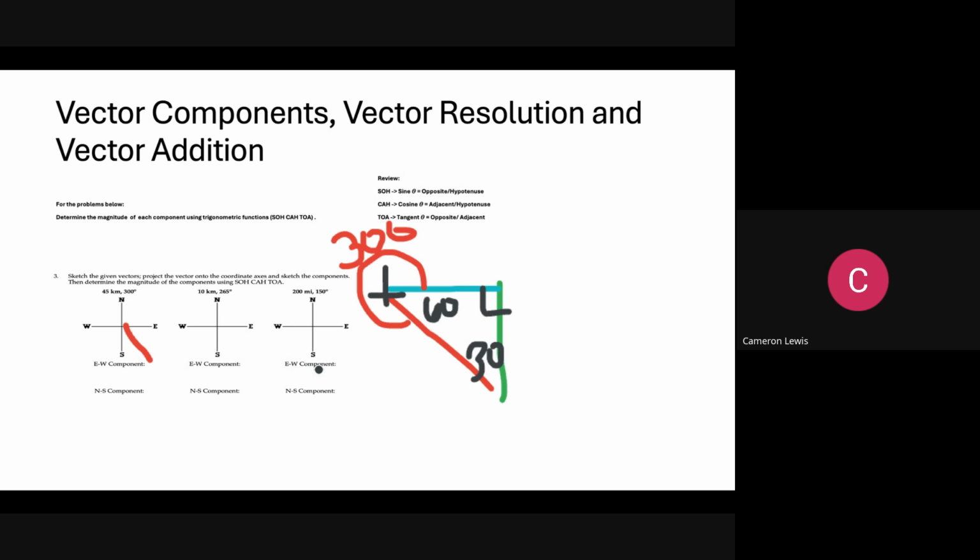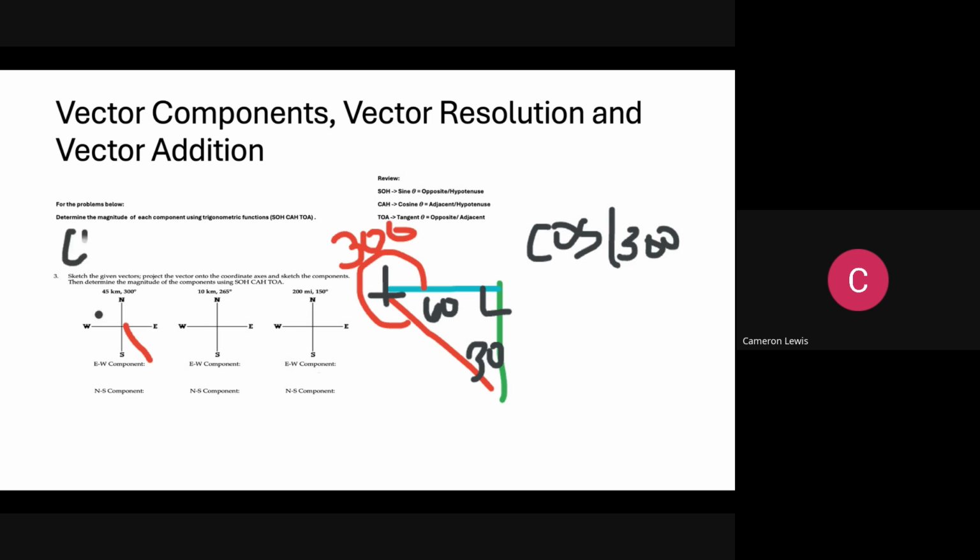Now remember, this 30-60-90 triangle is going to come again. But now that we know this, we use 60. Let's see if we get the same answer if we just use the formula and plug in 300. To find this component, we used cosine. So instead of putting 60, let's put in 300 this time and see if we get the same answer, which should be 22.5. Let me write it over here.